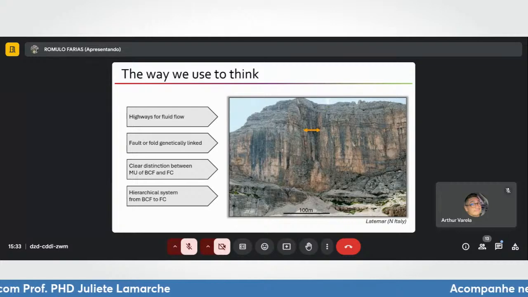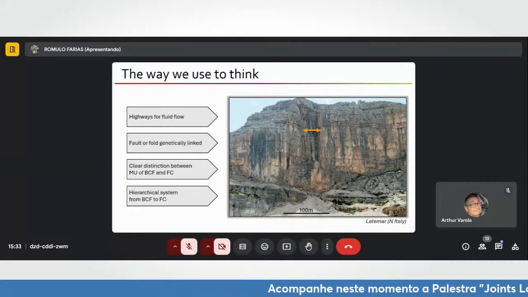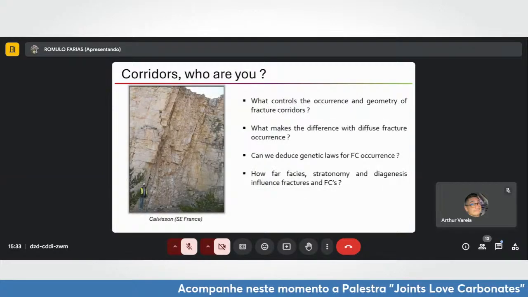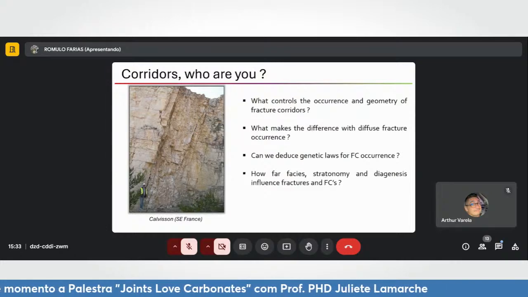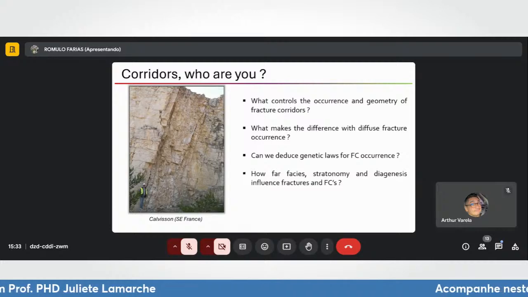So it's not completely wrong, but it's not completely true either. So what are corridors? You see a corridor here. Here you have diffuse fractures, and suddenly you have hundreds of fractures constrained in a corridor.